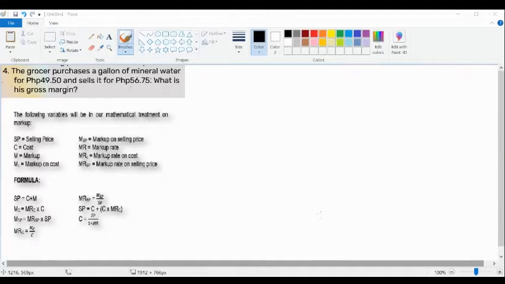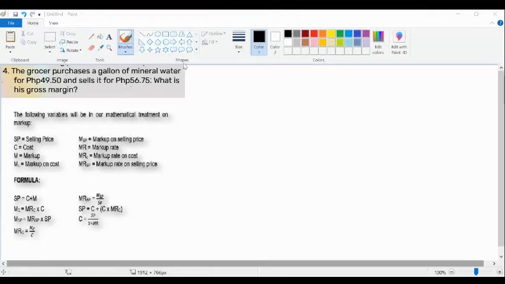Example number 4. The grocer purchases a gallon of mineral water for 49 pesos and 50 centavos and sells it for 56 pesos and 75 centavos. What is his gross margin? Okay, let's go back to the definition of your gross margin or your margin. It is defined as the sales or your selling price minus the cost of your goods.